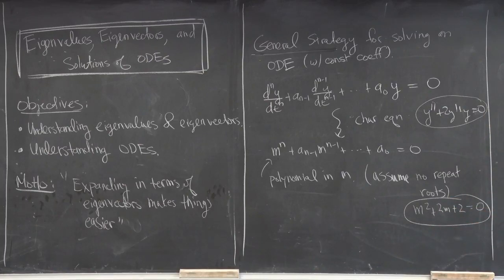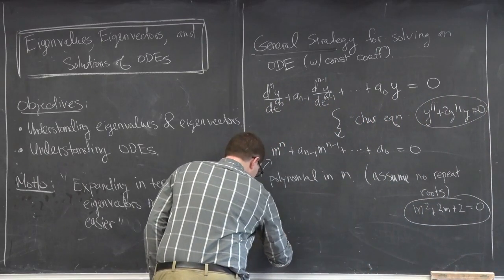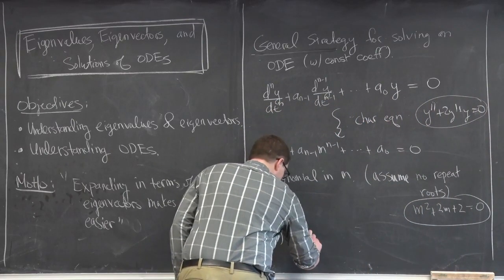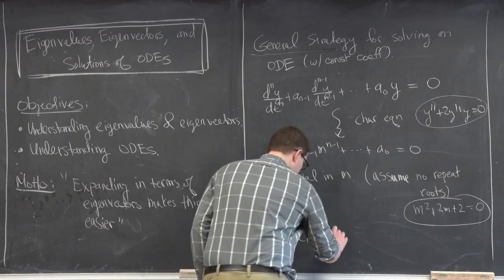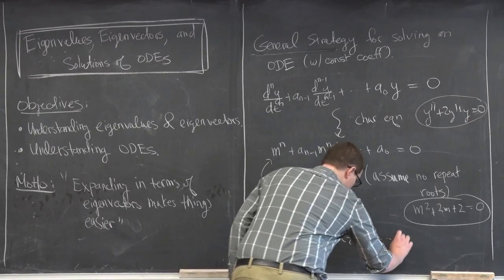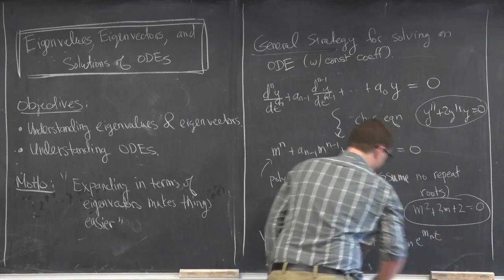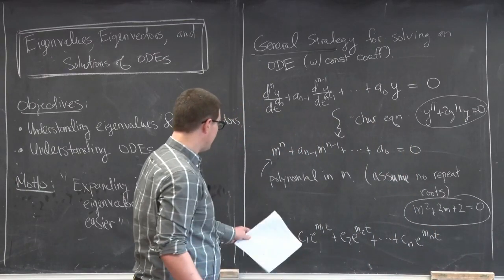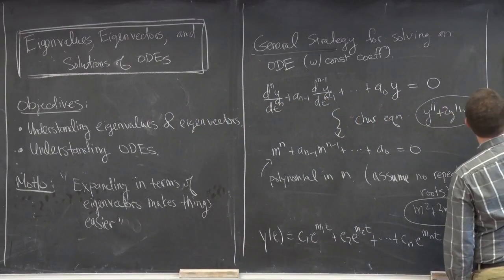Okay, so once you have that, we'll get a solution that looks like y of t equals c1 e to the m1 t plus c2 e to the m2 t plus cn e to the mn t.